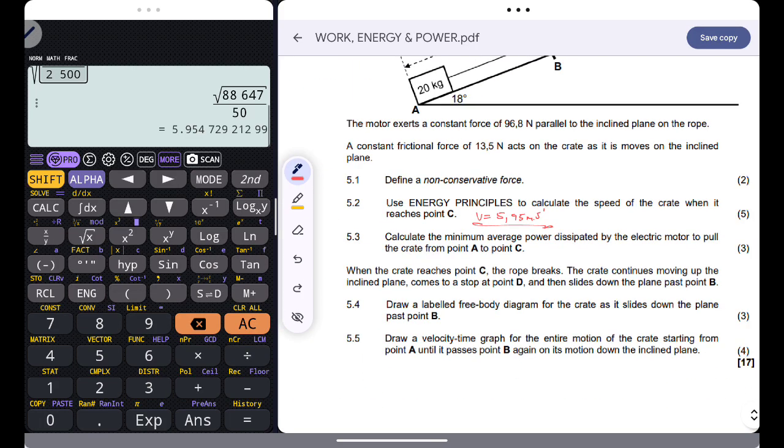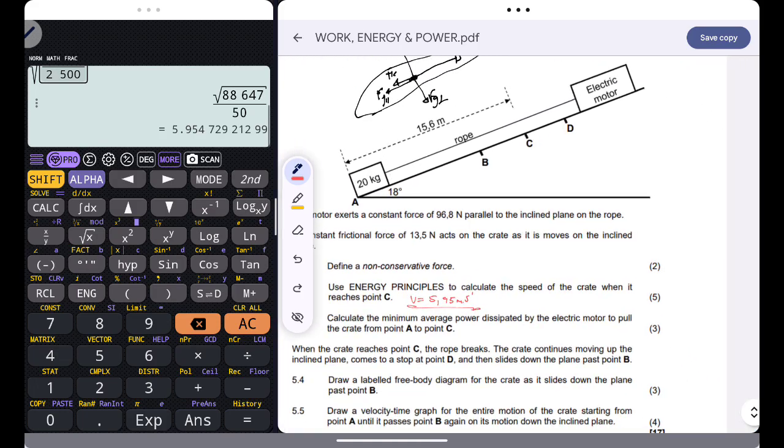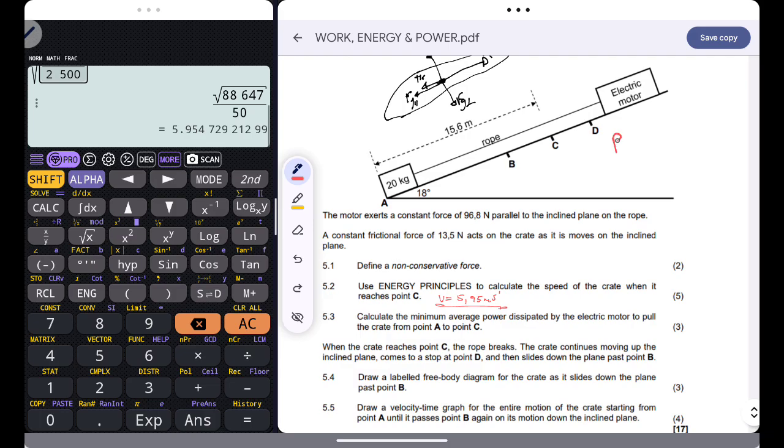Okay, now they want us to find the minimum average power dissipated by the electric motor to pull the crate from point A to C. We can simply use the formula that says power is equals to the force in question multiplied by the average velocity.